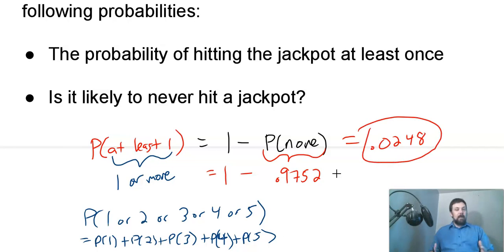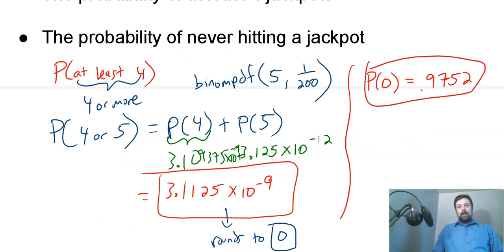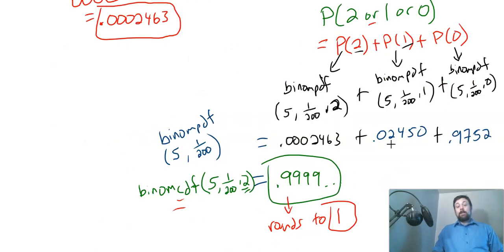Which you'll notice is not much different than hitting the jackpot exactly once. The probability of hitting the jackpot exactly once is 0.0245, right?